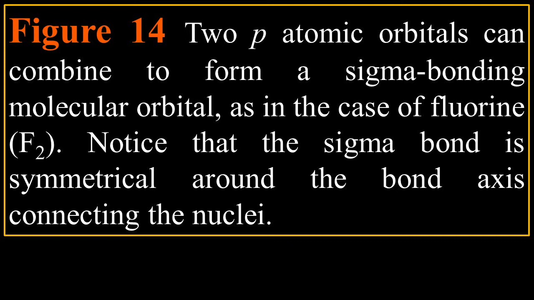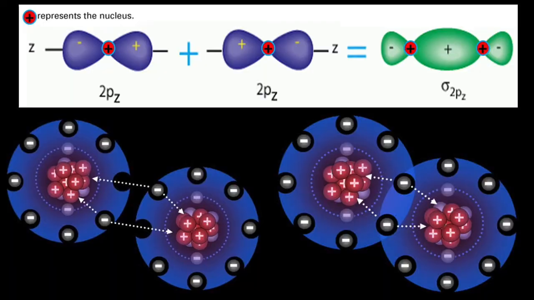So let's see what that means relative to F2, or fluorine gas at room temperature. Here the plus sign represents the nucleus, and you have the p orbital around the nucleus, of course, and you're going to form the sigma bond.